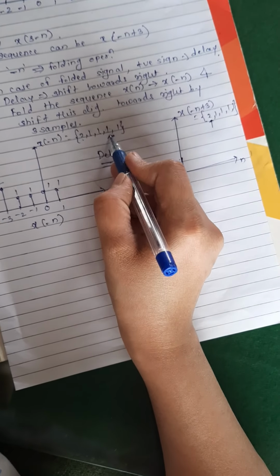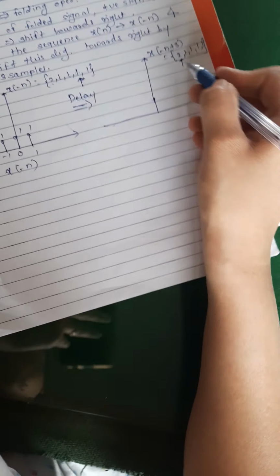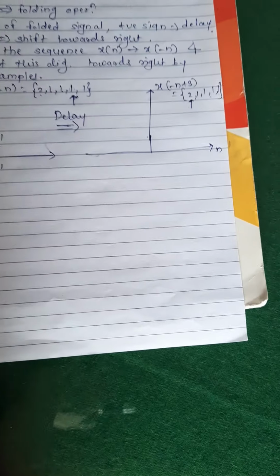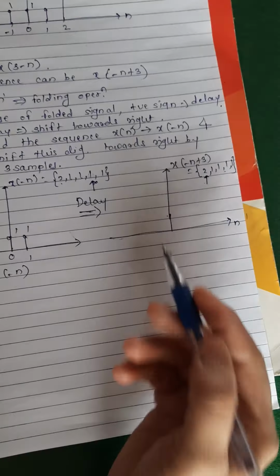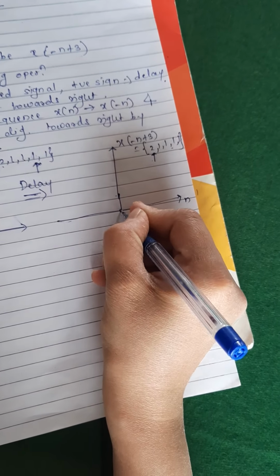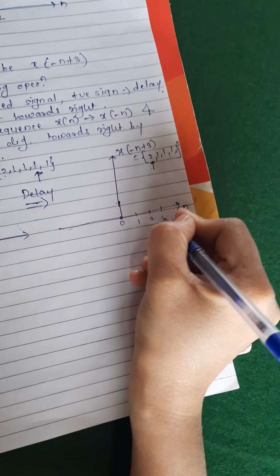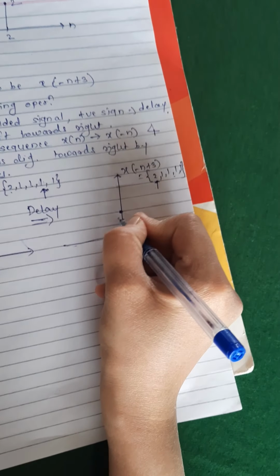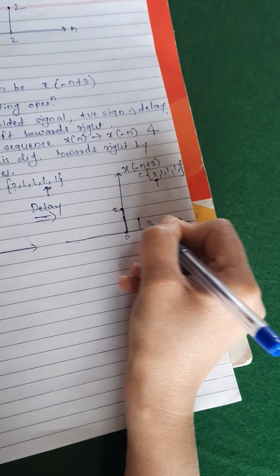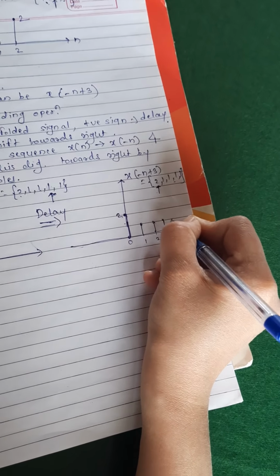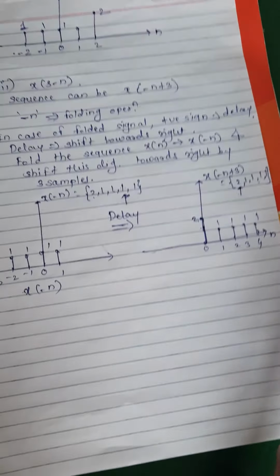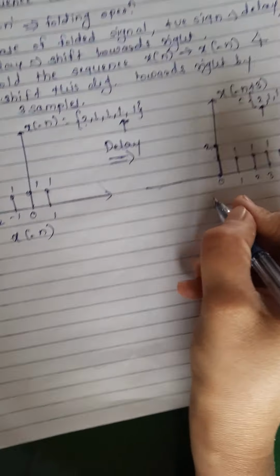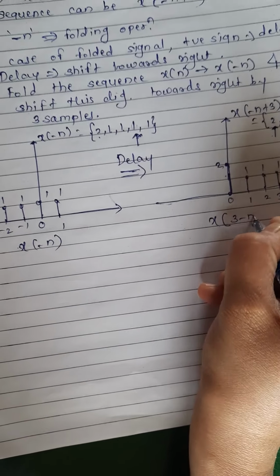Originally the arrow was here, now it is shifted. This is 0, 1, 2, 3 and 4. For x of 0 it is 2, and for all other values it is 1. So this sequence is x of 3 minus n, or we can write it as x of minus n plus 3.